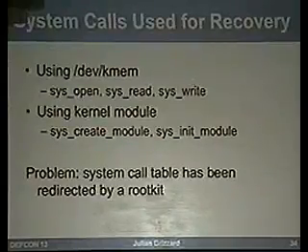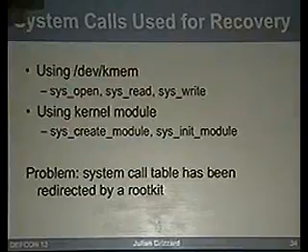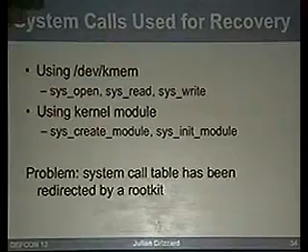Okay, so back to our gentleman's question. It turns out if you use /dev/kmem to modify the kernel, as I do with my recovery tools, or even if you use a kernel module to do the recovery, either one of these approaches relies on system calls to do the recovery.